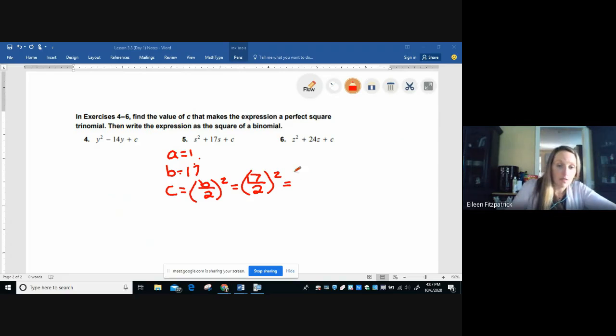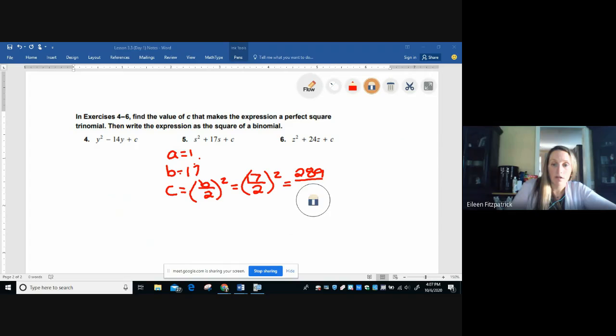So just square the 17, which is 289. And square the 2. You have to square both of them to get a 4, right? Because you're squaring the 17 and squaring the 2, or you could also think of it as 17 over 2 times 17 over 2. When you square something, you're multiplying it times itself. So that's where the 289 over 4 comes from.